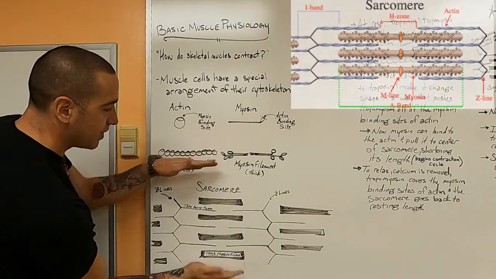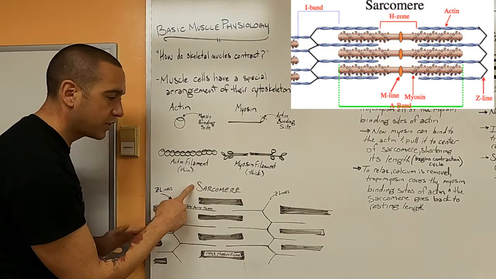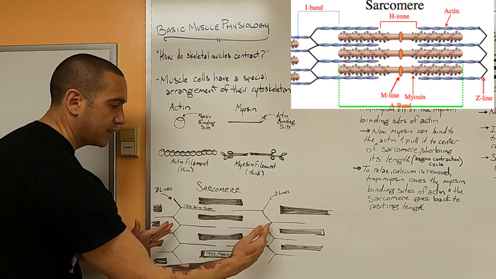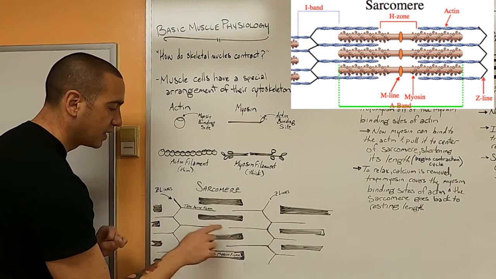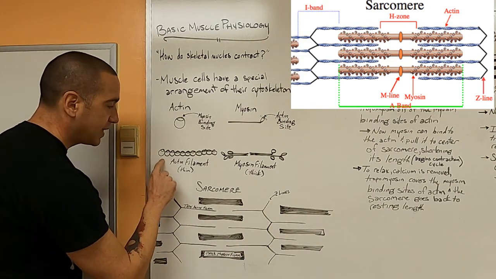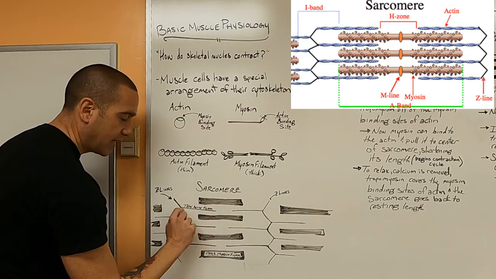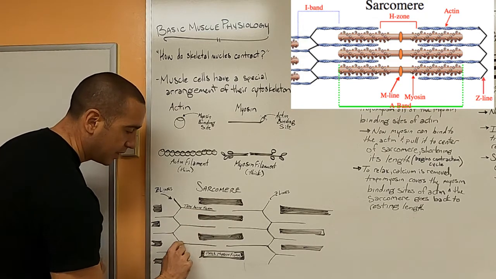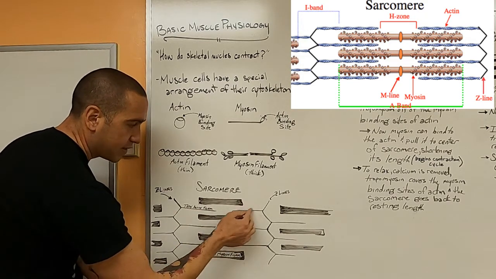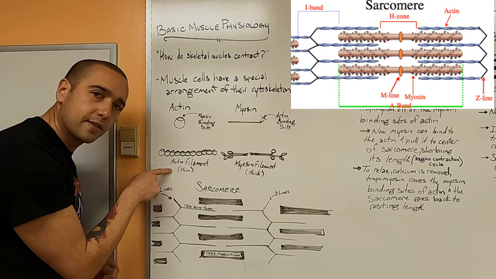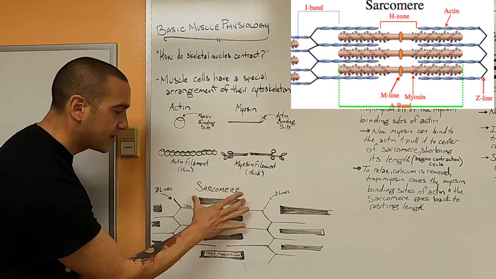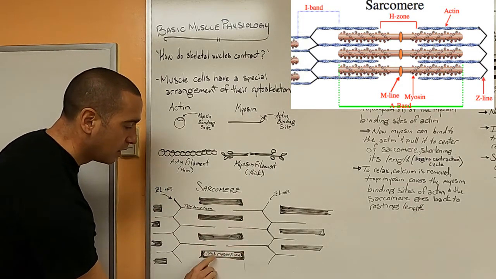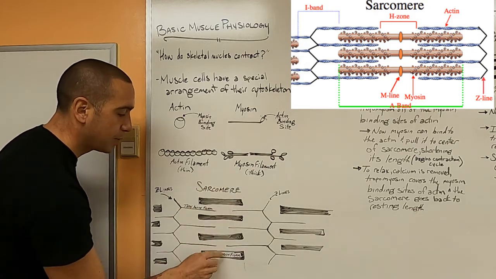This diagram is of something called a sarcomere. A sarcomere is really the distance between these two things called Z-lines. These lines are representing the actin filaments, so an actin filament here, here, here, as well as these. All of these thin filaments are actin filaments. All of these thick filaments are myosin, represented here.